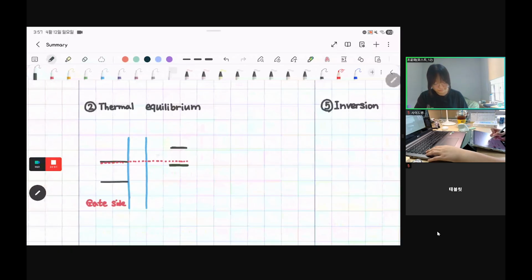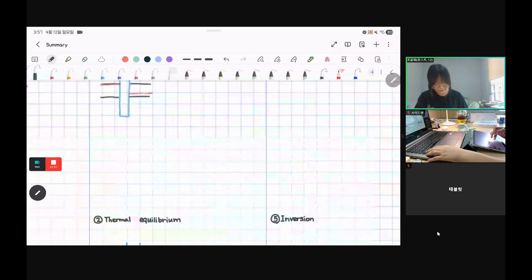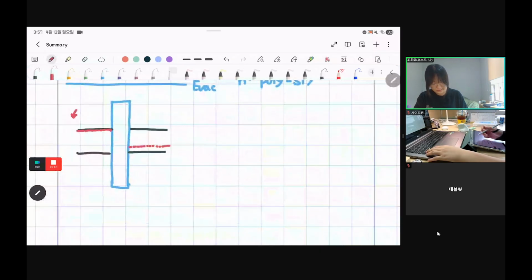So the band is bending like this because it has to keep this gap and this offset.